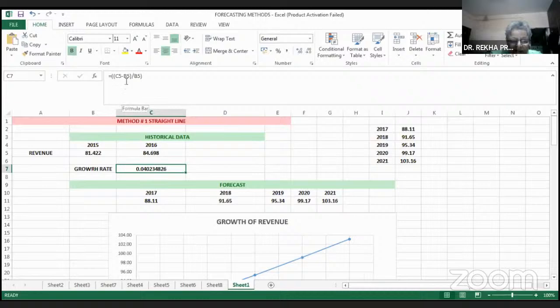This is C5 minus B5, whole thing divided by B5. In Excel, you just write the formula and it takes the value by itself. So it is coming to almost 0.04.